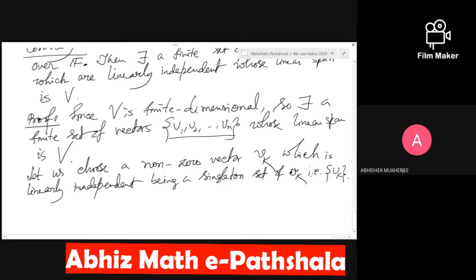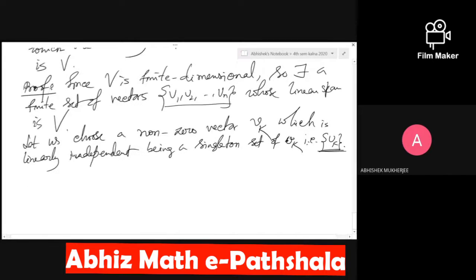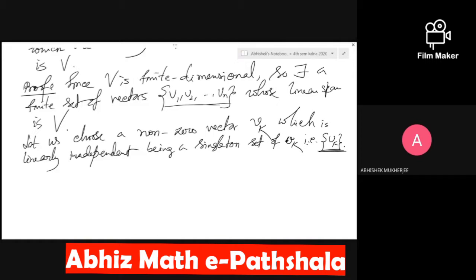So that was the corollary. If v1, v2, vn are linearly independent, then we have nothing to prove. The proof has been done. If not, then we proceed as follows.